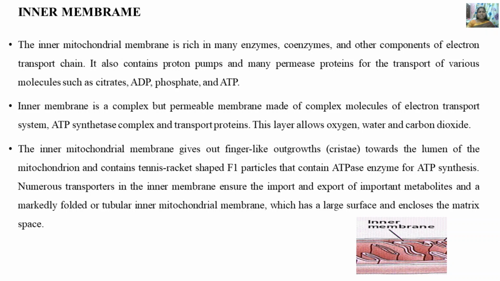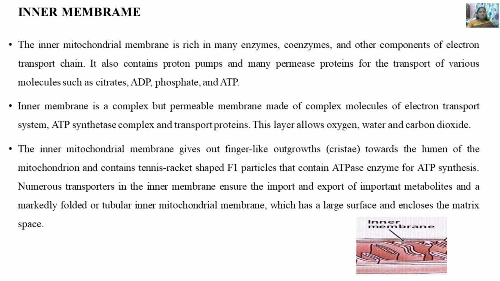The inner membrane is a complex but permeable membrane made up of complex molecules of the electron transport system, ATP synthetase complex and transport proteins. This layer allows oxygen, water and carbon dioxide.